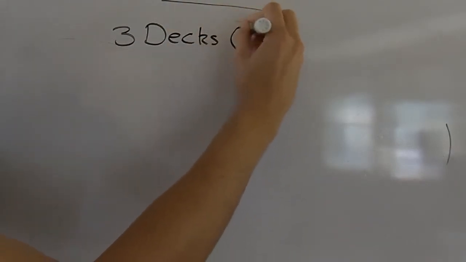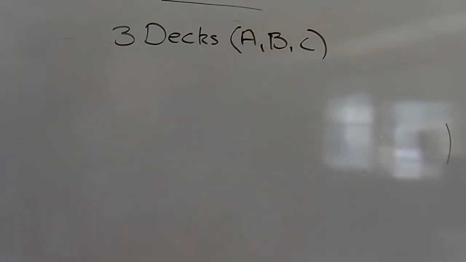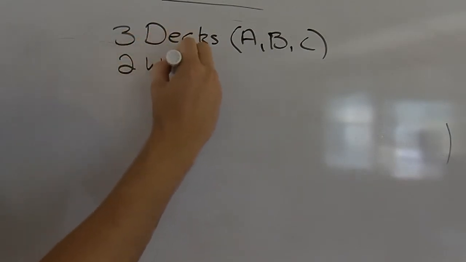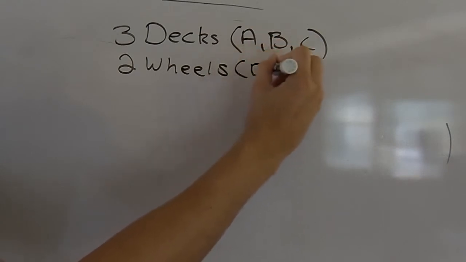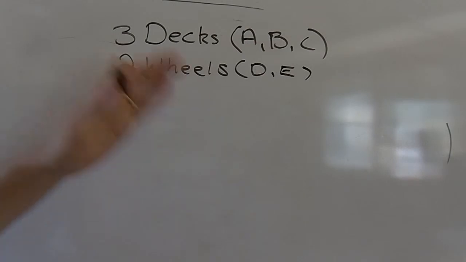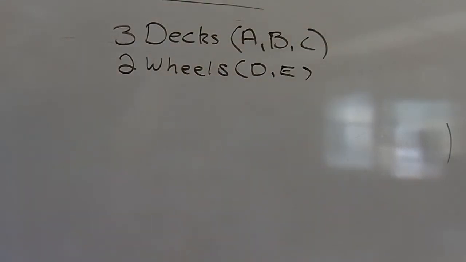And we're going to call those decks A, B, and C. And you have a choice between 2 different types of wheels. So there are 2 different wheels. We're going to call those D and E. So you can choose between one of 3 decks and one of 2 sets of wheels. And they want to know how many different combinations or how many different skateboards can you make.